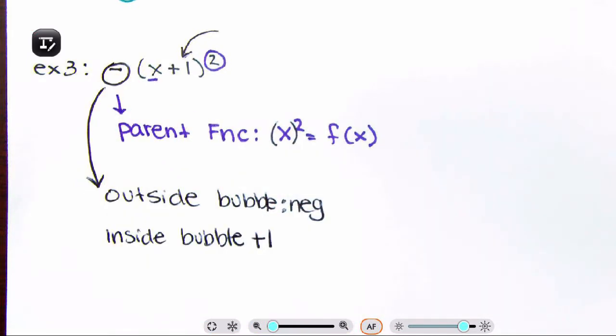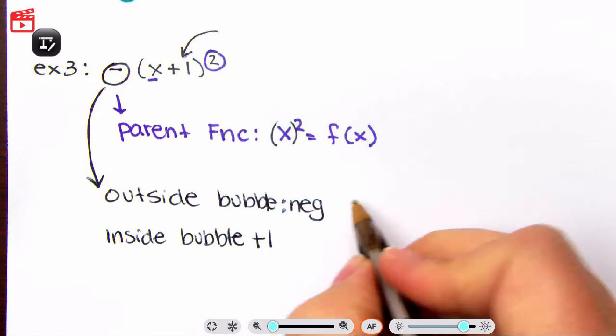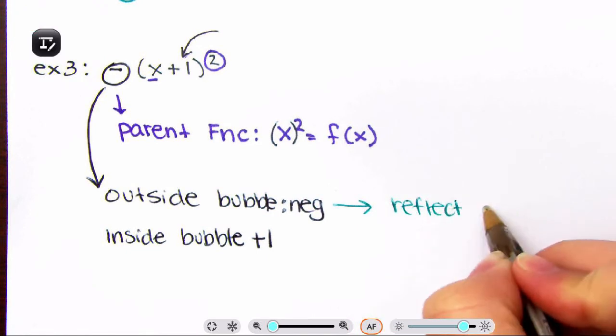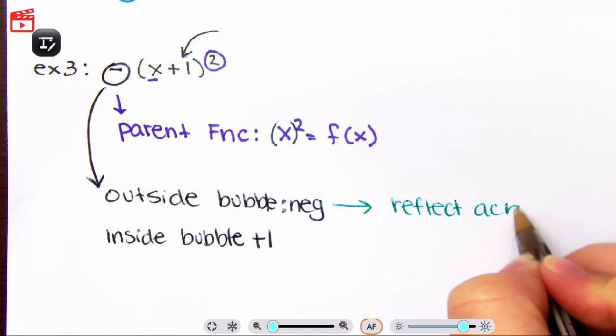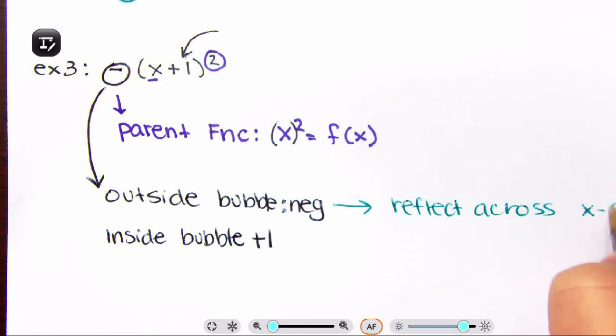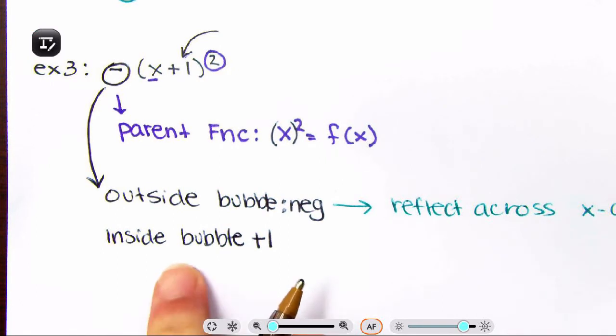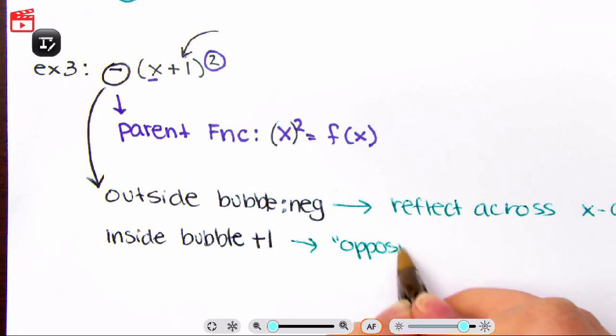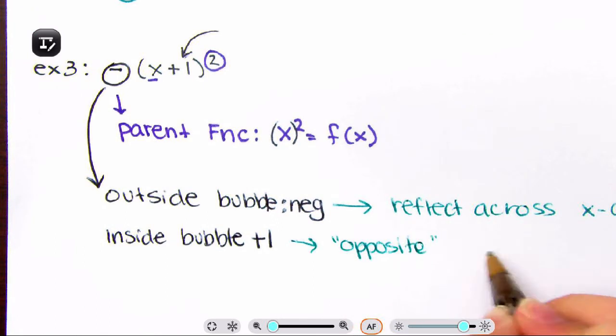And then outside of the bubble, I have my minus 1. So if you have outside the bubble, remember the change is vertical. And outside the bubble negative means you have a reflection across x-axis. Inside bubble, think opposite. Remember, opposite of what it looks like. Opposite and horizontal.